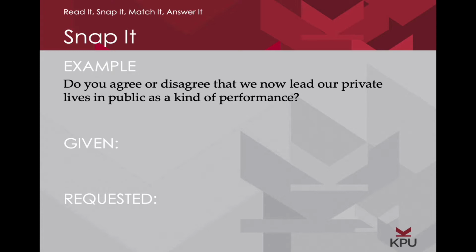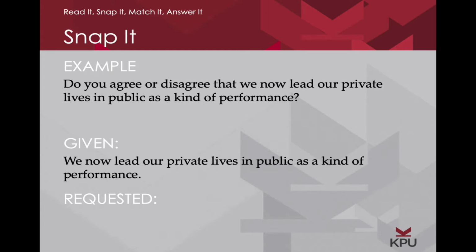So if we take those off and separate that part of the question from the other part of the question, and then we'll have to take off the word that, but we can rephrase the latter part of the sentence very easily as we now lead our private lives in public as a kind of performance. And the requested is, do you agree or disagree?